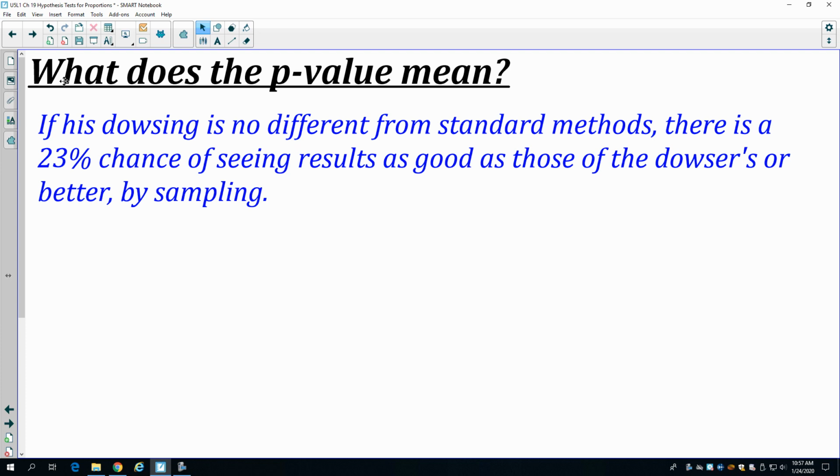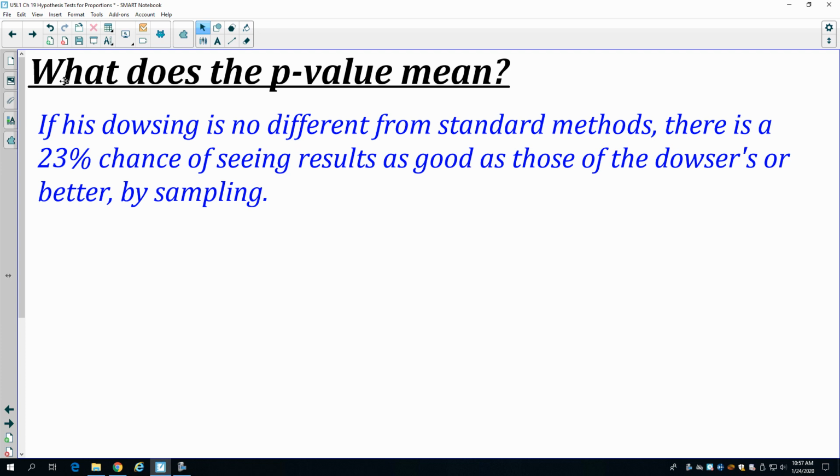So there's a 23% chance of seeing the results that we actually got by sampling, or something more extreme. Again, more extreme being a larger percentage of wells that are 100 feet or less. So a pretty decent sized chance that if the true proportion is 0.3, we would get the result that we got.